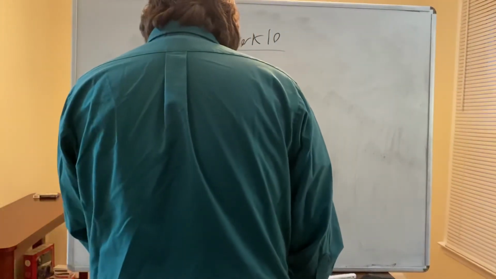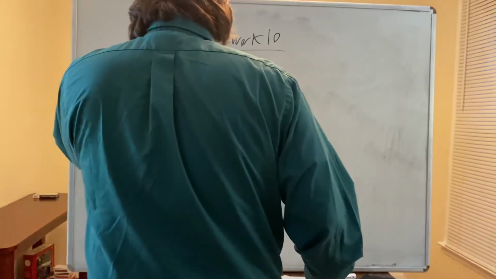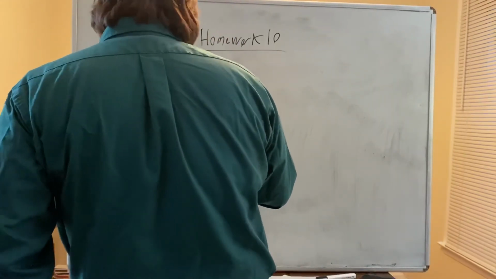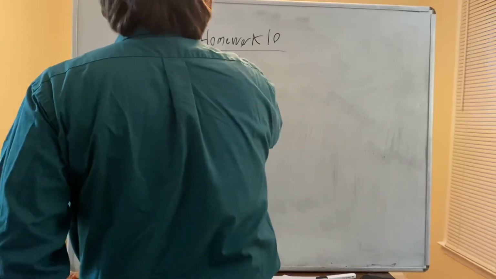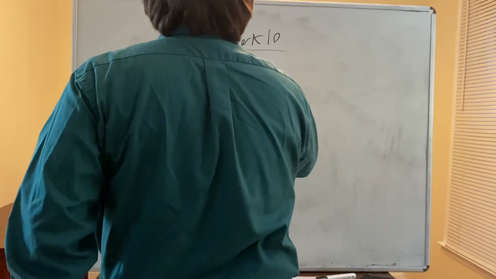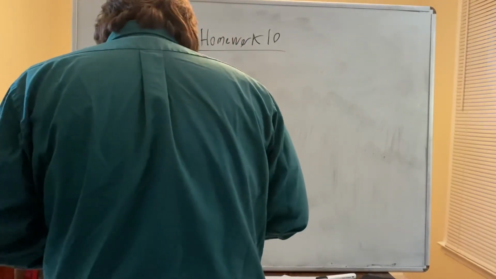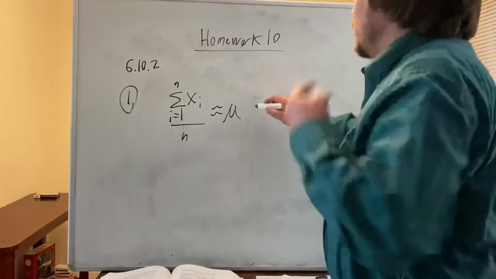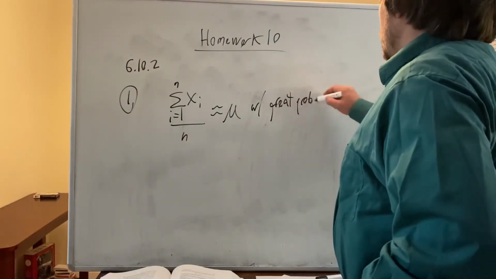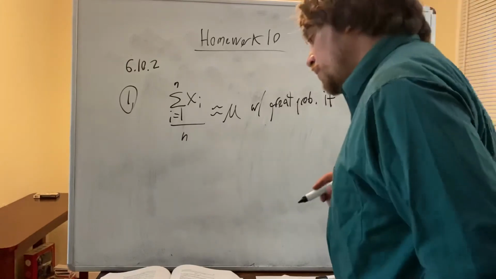Okay, so what you could do is, by the strong law of large numbers, you can say the sum from i equals 1 to little n of x of i over n is approximately the mean mu with great probability if n is large.